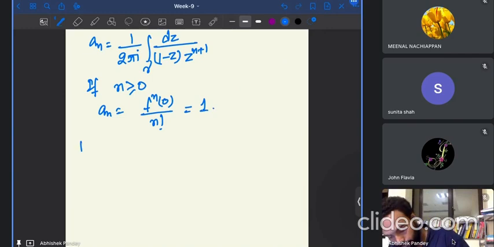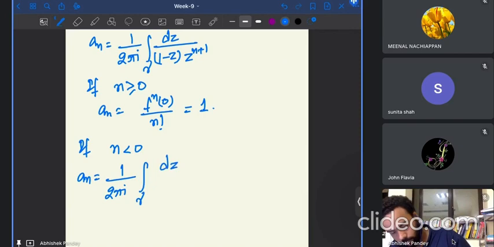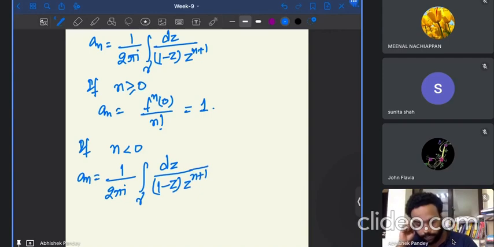And if n is negative, a_n is 1 upon 2 pi i times the integral over gamma of dz upon (1 - z) times z to the power n plus 1. If n is negative, so n is less than or equal to minus 1, then n plus 1 will always be less than or equal to 0.